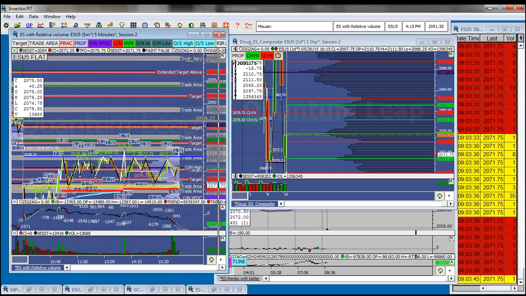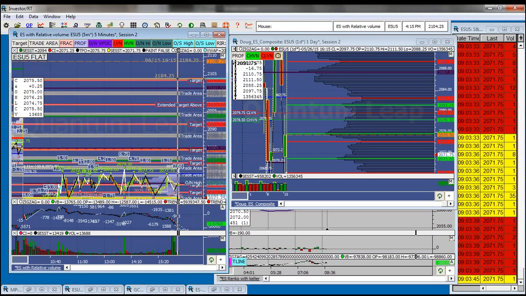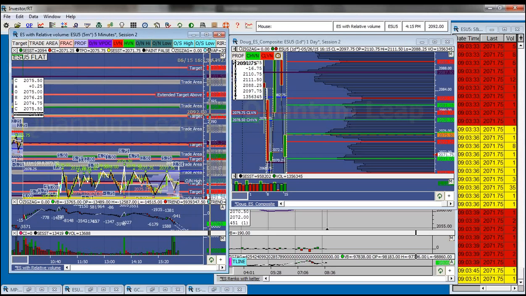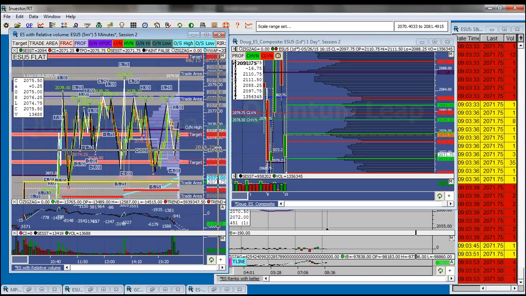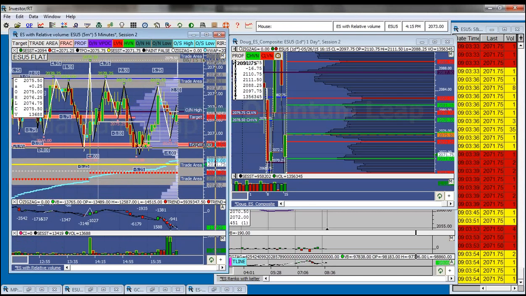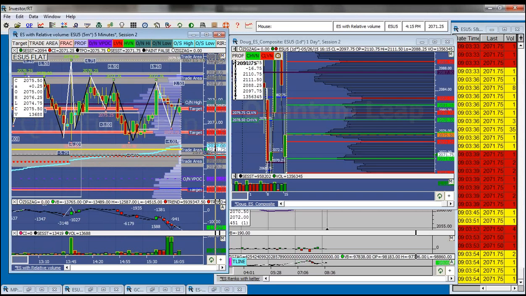Okay, and then you've got 2100 and a quarter and 2101.50 and 2103.75, and I don't think we're going to get up there today, but we're prepared. We know that those numbers are up there. We've traded them before. See what I'm talking about?